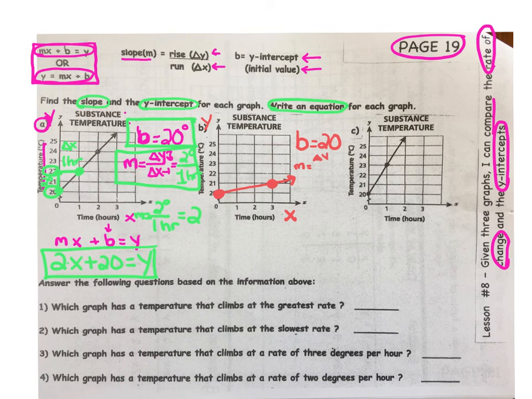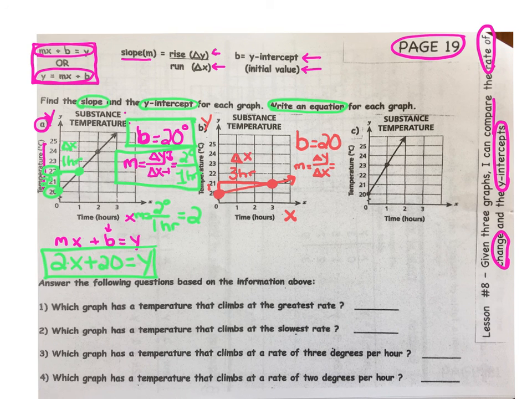We need to figure out our delta y and our delta x, our rise over our run. So let's connect the 2 points. We rise up 1 degree, that's our delta y, and we run over from 0 to 3, which is 3 hours.